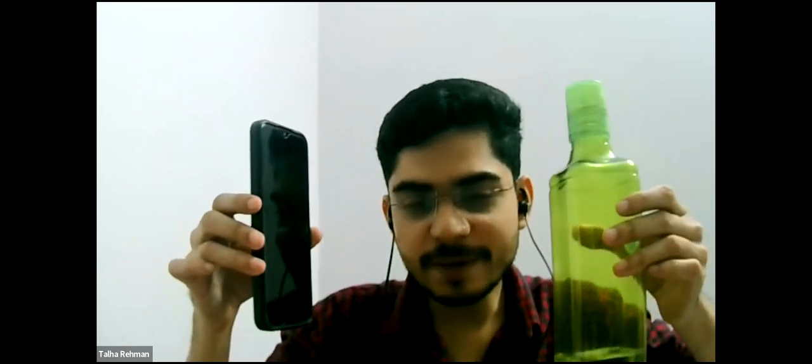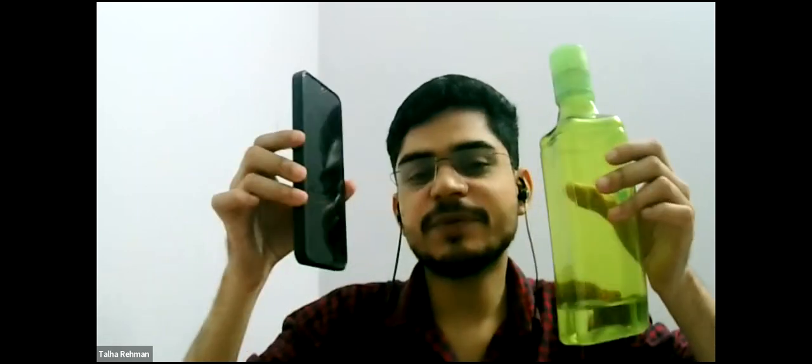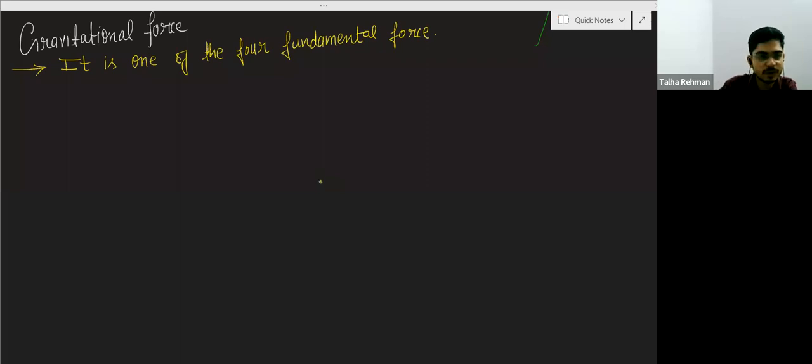That force is not able to attract, because masses are very, very small. That is why the gravitational force is very weak for small objects. Okay, so it is the weakest force of all.